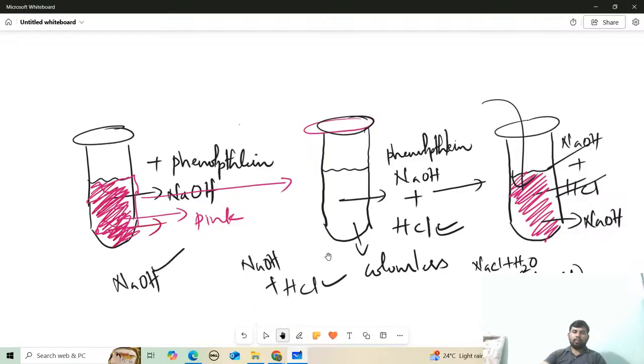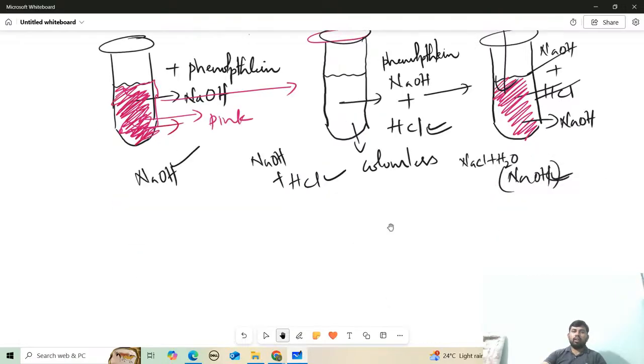Now see, we go with the next process. Next reaction: generally, here they have given metal oxides with acids.